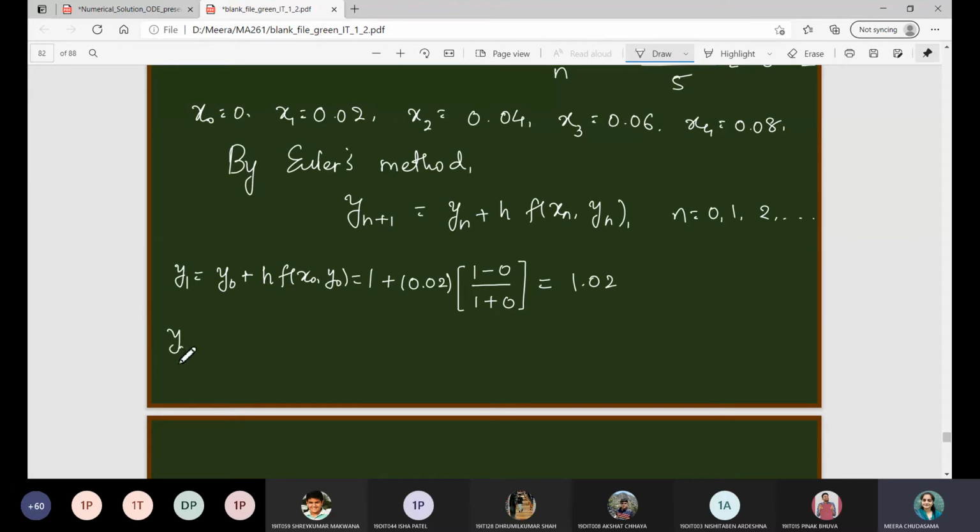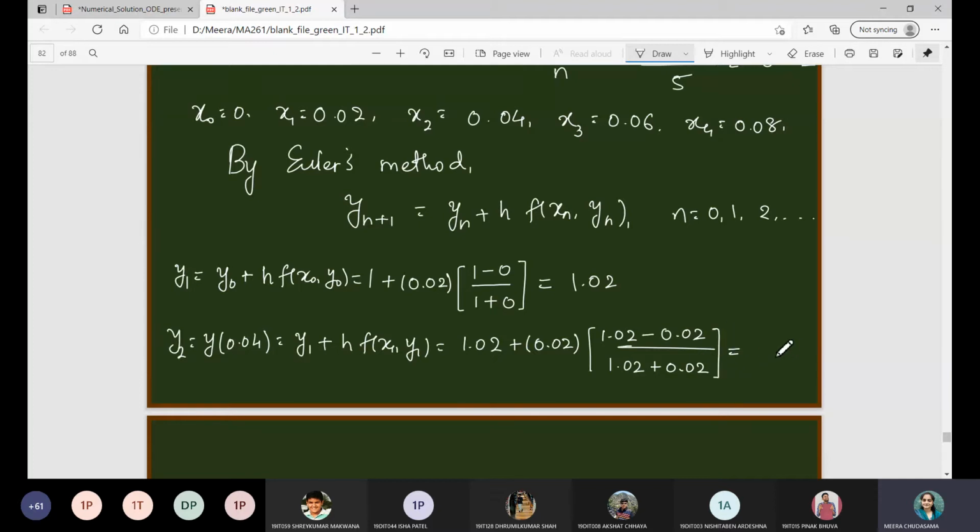Let us compute y2. y2 means y at x2. It means y at x2 is 0.04. So by the formula it is y1 plus h f of x1 y1. So y1 is 1.02, h is 0.02. F at x1 y1 means here y1, that is 1.02 minus x1. So it is 0.02 upon the sum of this quantity.